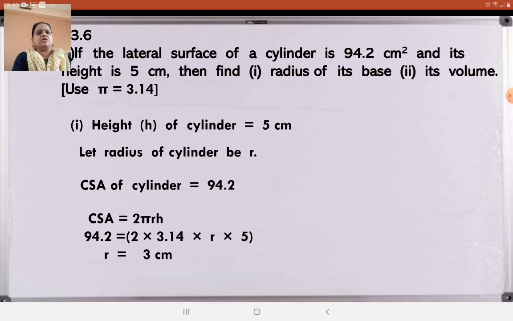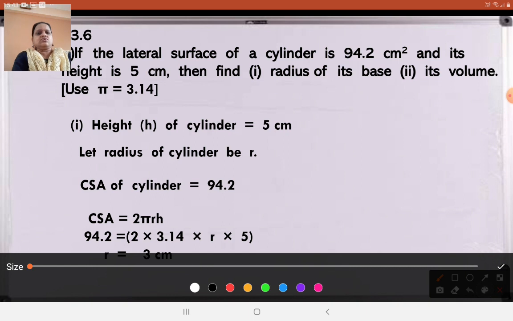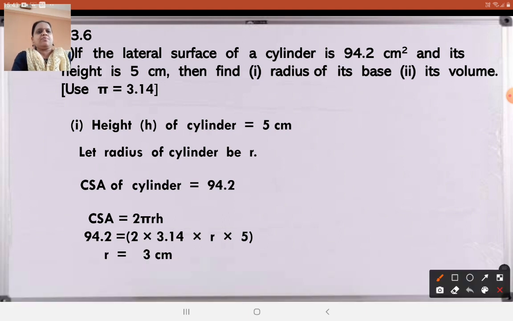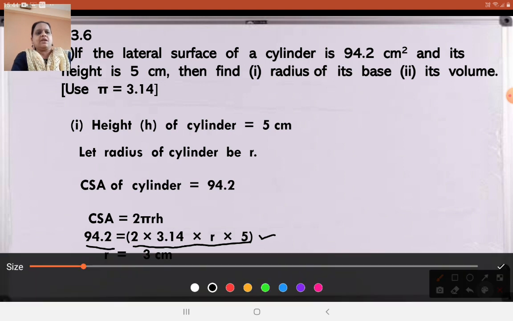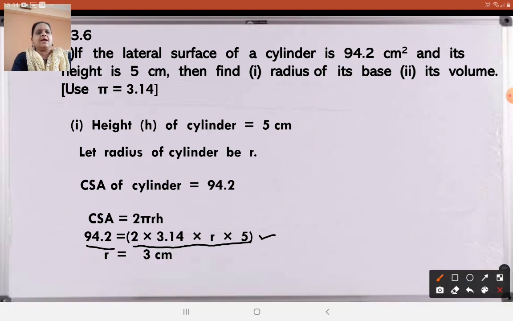Now the curved surface area equal to 2 pi r h. Correct? So just substitute. 94.2, you can see over here, 94.2 equal to 2 into 3.14 into r into 5. Correct?